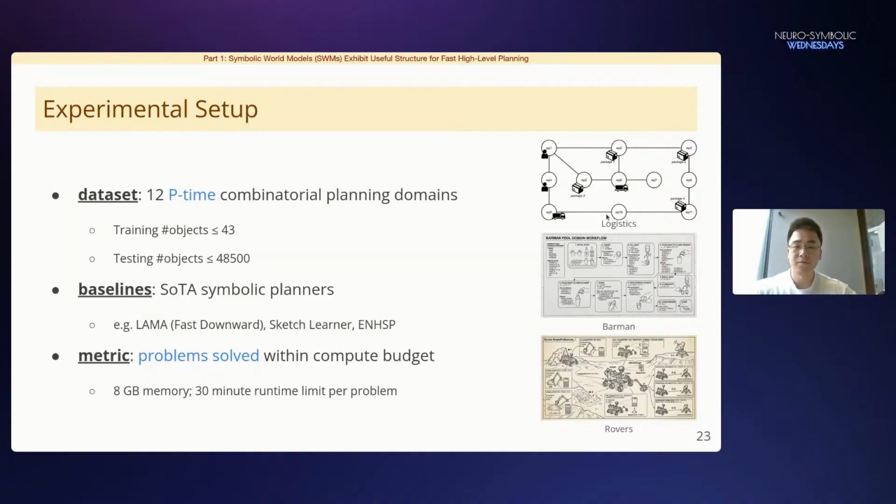The number of training objects is usually very small, while our testing problems can be orders of magnitude larger. We're going to compare against the strongest state-of-the-art symbolic planners in the planning literature, and measure the number of problems we can solve within a given compute budget. Specifically, each planner is given 8 gigabytes in memory and 30 minutes of runtime per problem it needs to solve.